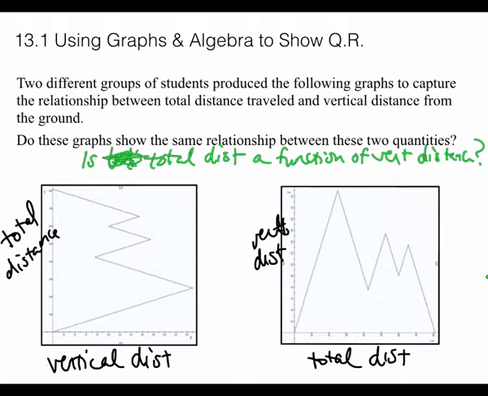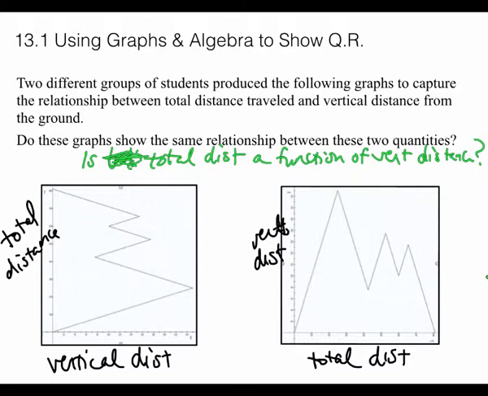If the vertical distance is the input, then the vertical distances that the total distance might go could end up being the same vertical distance as well. So you go up to a vertical distance of 20, in the beginning.